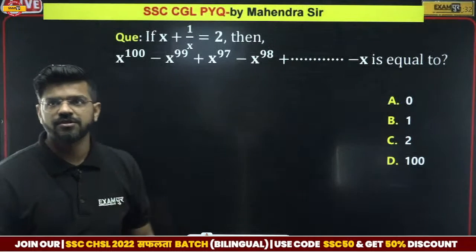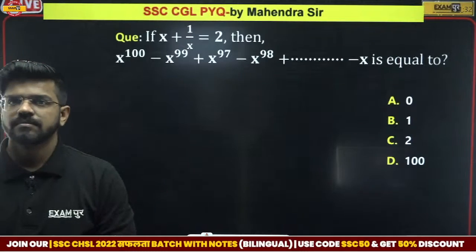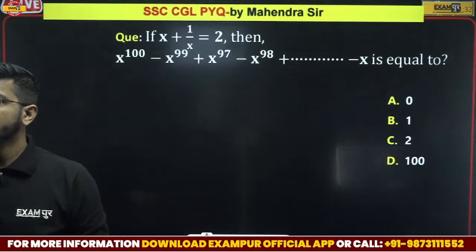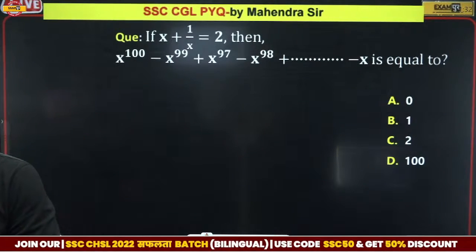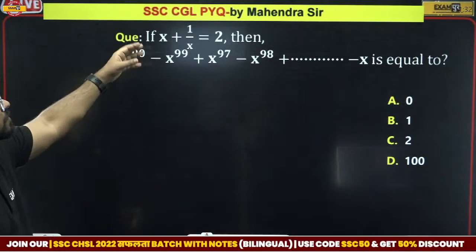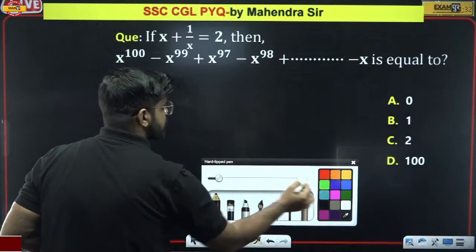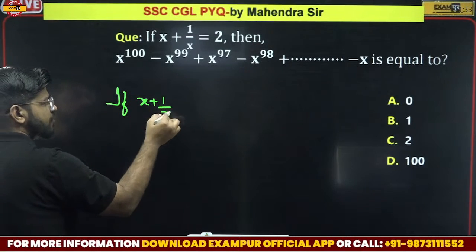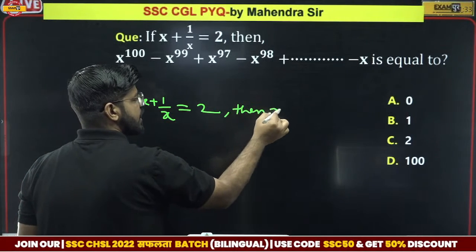Now tell me the answer for this question. If x plus 1 upon x is equal to 2, always remember, then x is equal to 1.